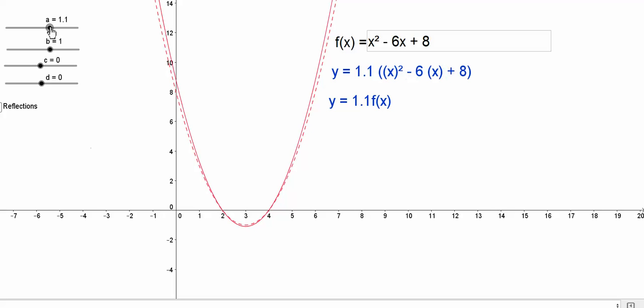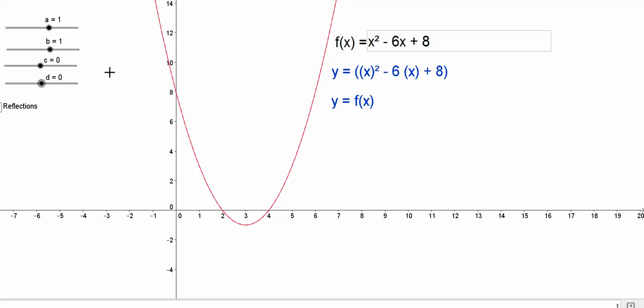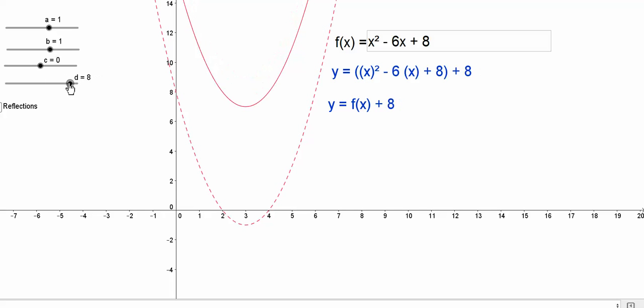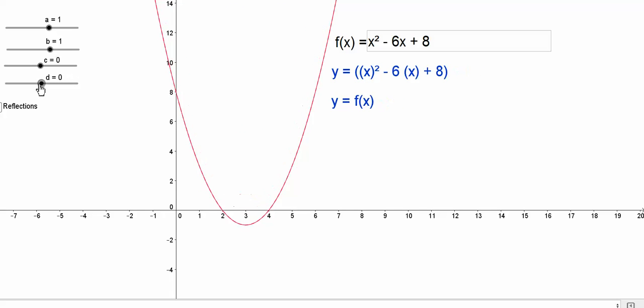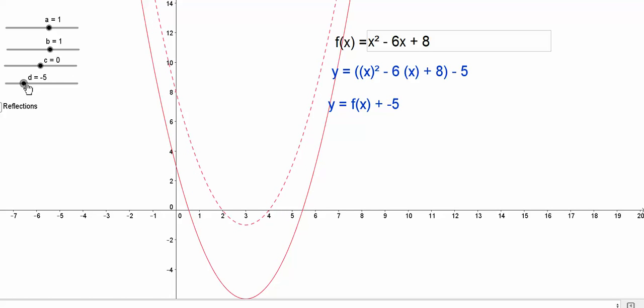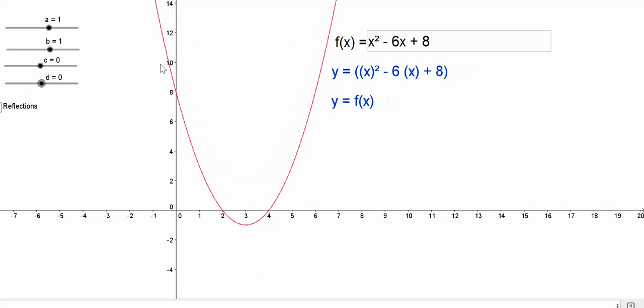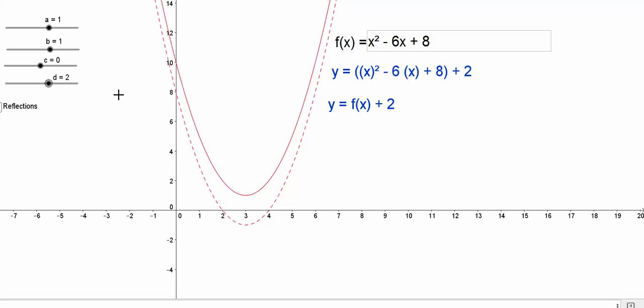For instance, if we were to do this, the curve moves up, and if we do this, the curve moves down. Moving up and down is achieved by adding a value to the y-coordinate.